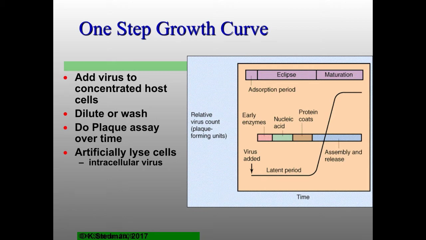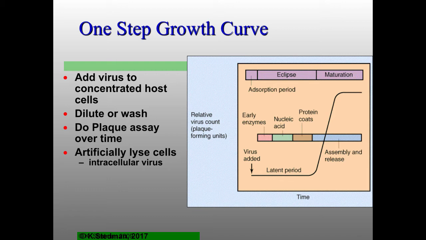Okay, then, after you've done that, you mix them together, you dilute or wash so you don't have any further infections, and then follow the amount of virus which is produced over time. And so here, relative amounts of virus, and the best way to do this is with plaque-forming units, but if you're just looking at virions, you could use hemagglutination. You could even use electron microscopy to look at the number of virions.